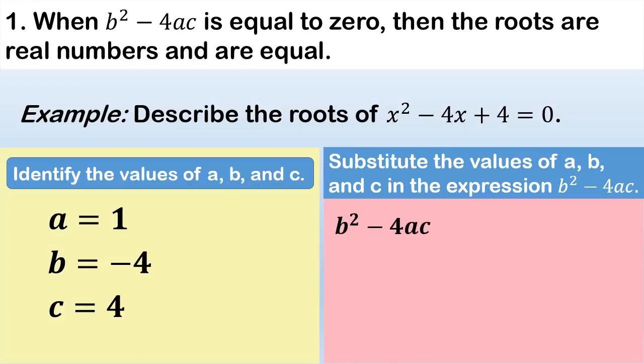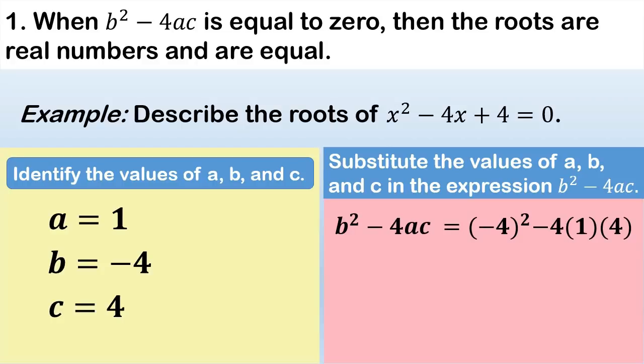We have here b squared minus 4ac will become, so the value for b is negative 4, that's why it will become negative 4 squared minus 4 times the value of a, which is 1, times the value of c, which is 4. Next, let's simplify.